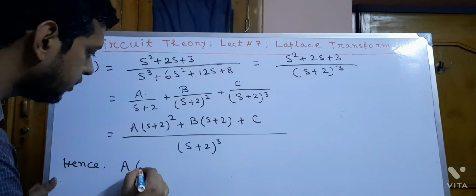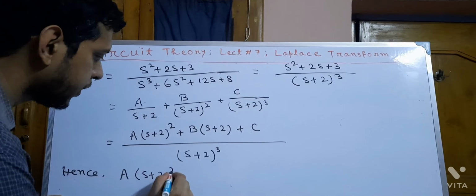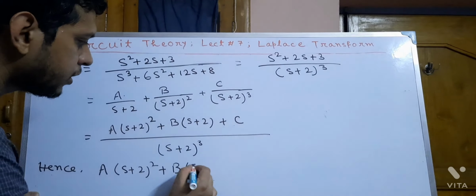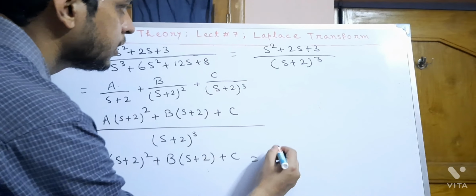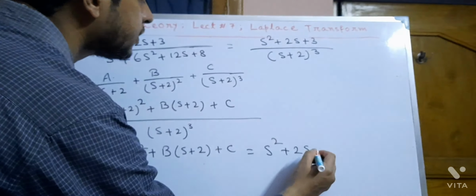So A into (s plus 2) square plus B into (s plus 2) plus C is equal to s square plus 2s plus 3.